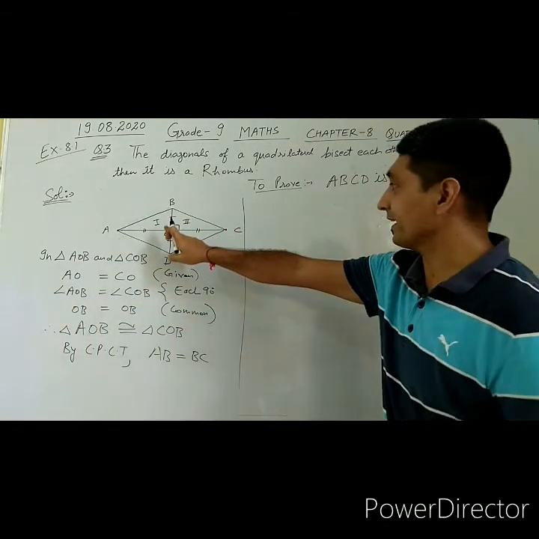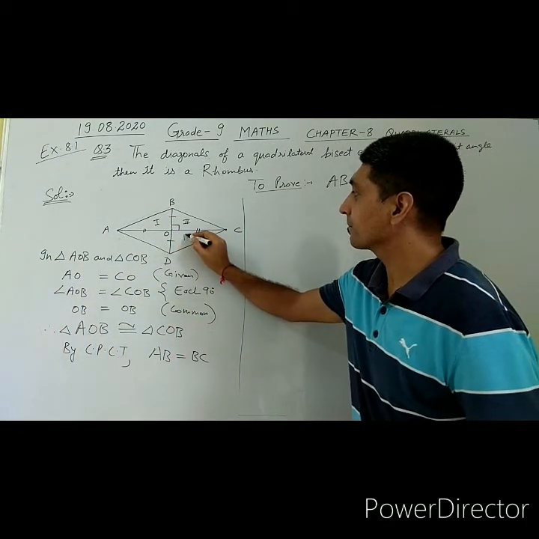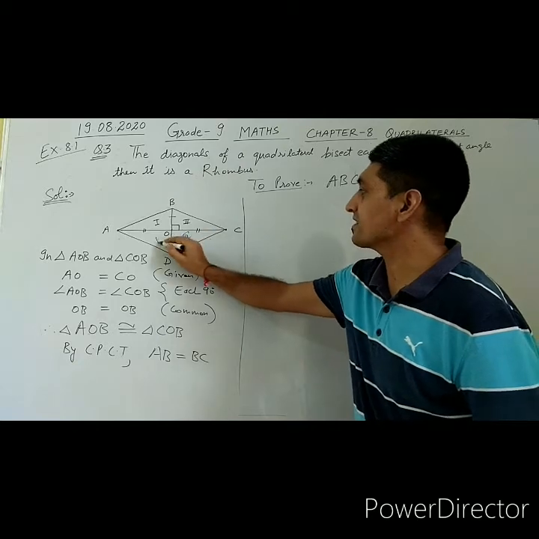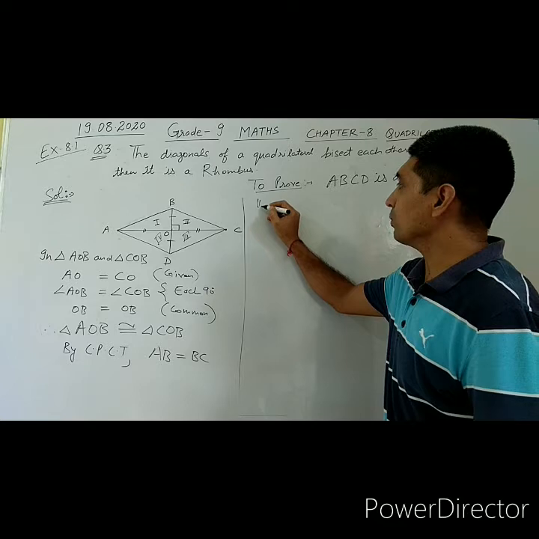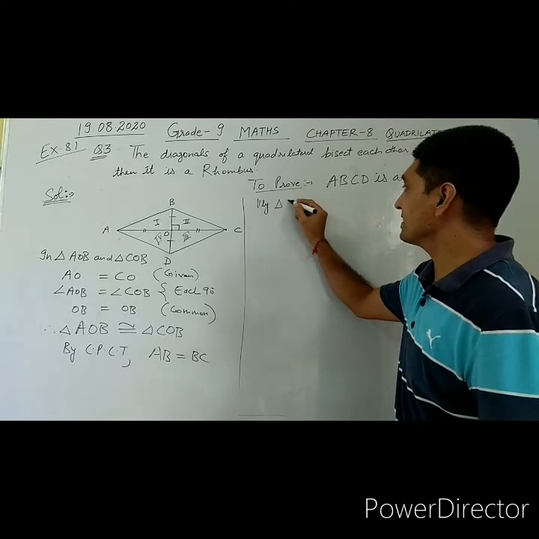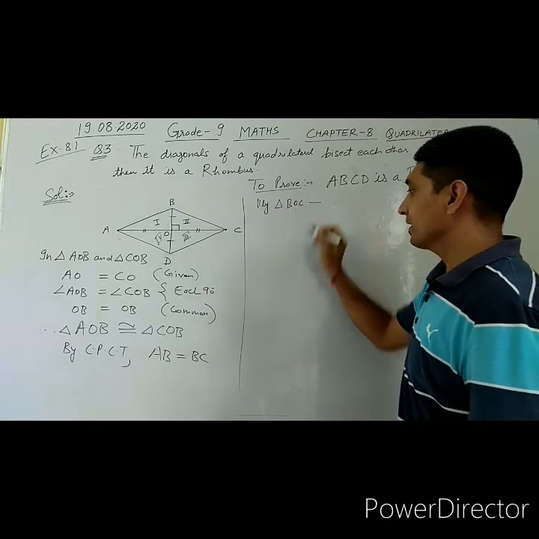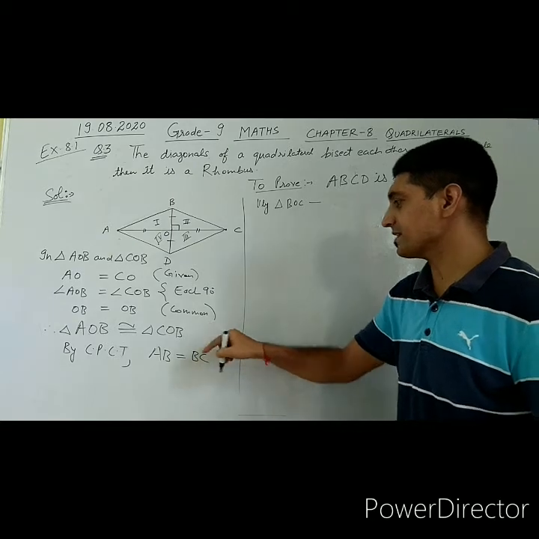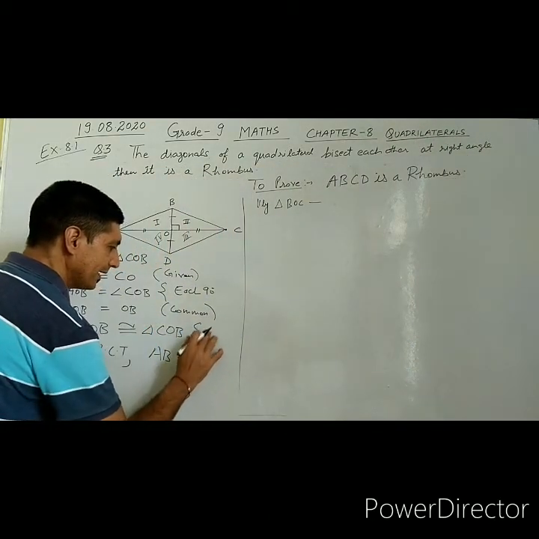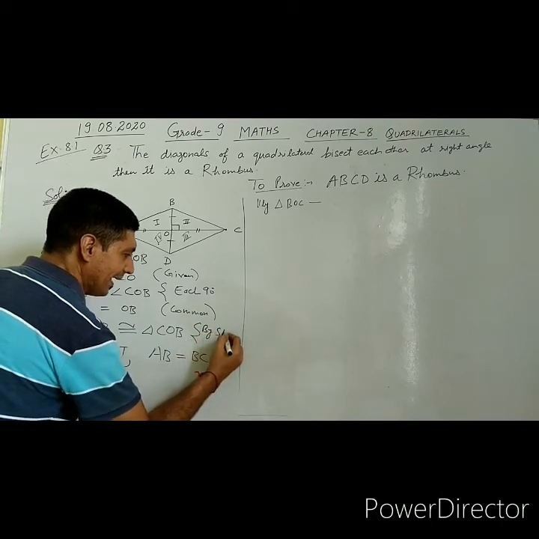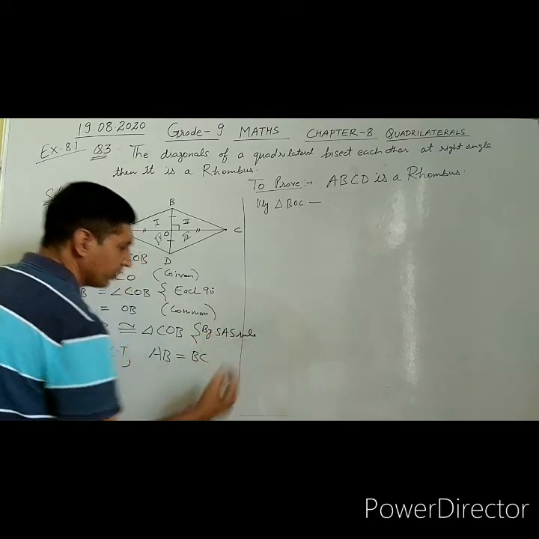Similarly, we can take triangle 2 and triangle 3, and this triangle is 4. So similarly we have triangle BOC. Which rule are we applying here? This is very important to write: the side angle side rule of congruence.